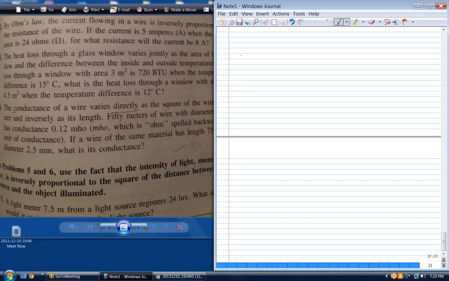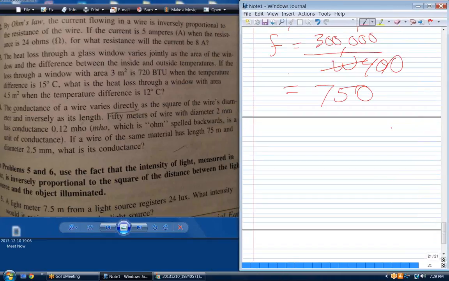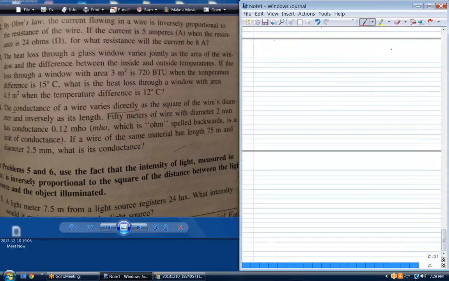Okay. All right. So number 2, Ohm's law, the current flowing. Oh, by Ohm's law. Okay. So what's the general formula?